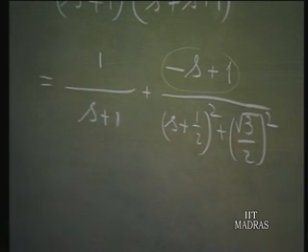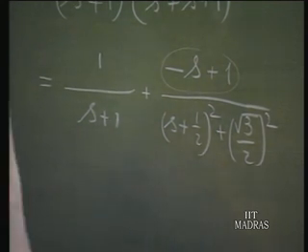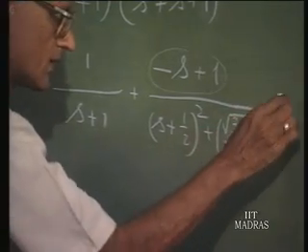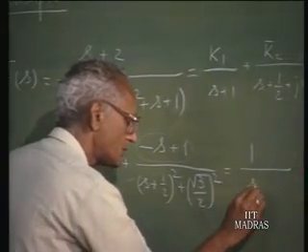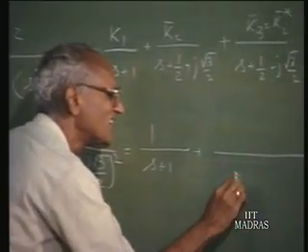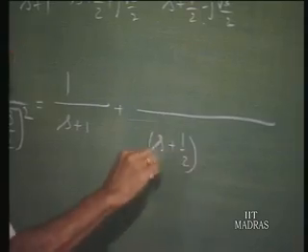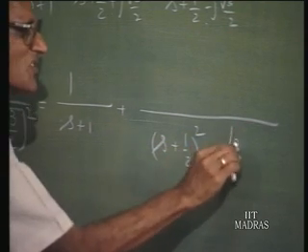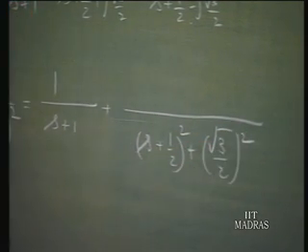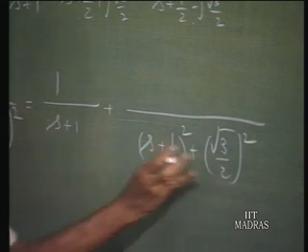If we do that, then we can identify this with the Laplace transform of terms like e power minus alpha t cos omega t and e to the power minus alpha t sin omega t. So to do that, let me write 1 over s plus 1, and the second term over s plus half whole squared plus root 3 upon 2 whole squared. Now I must express the numerator as a linear combination of 2 terms like this.